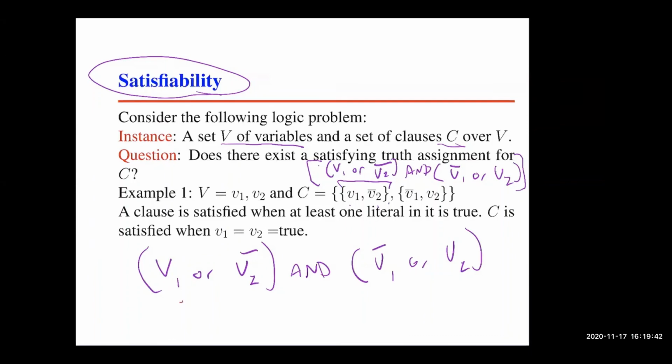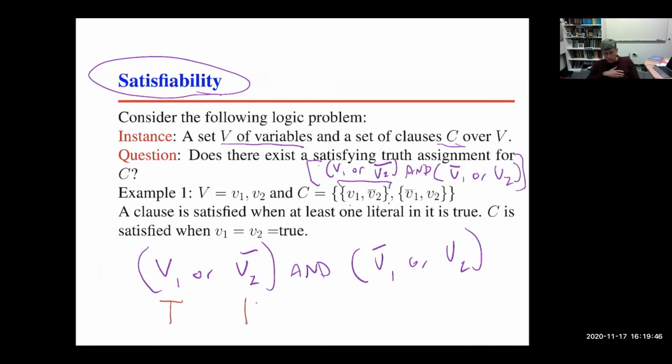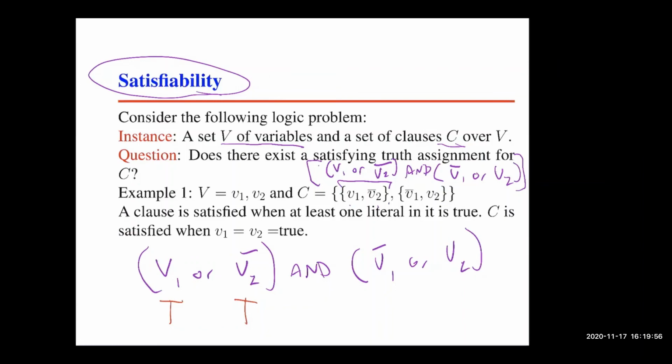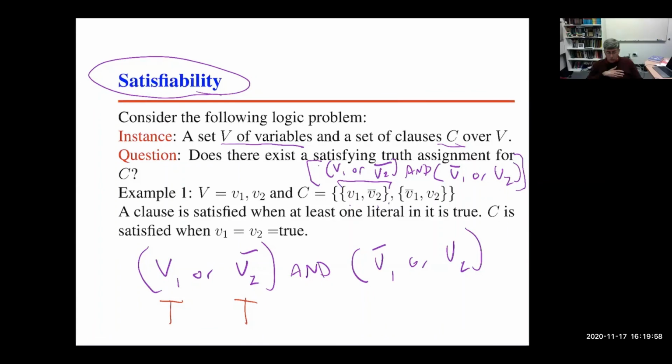What if V1 was true and V2 was true? What is true or what is not true? Not true is false. What's true or false? True.